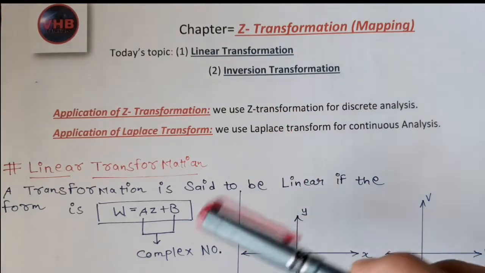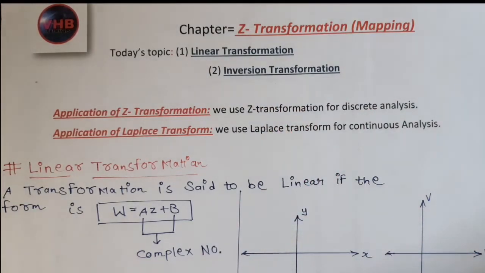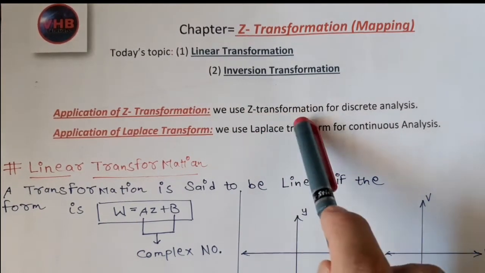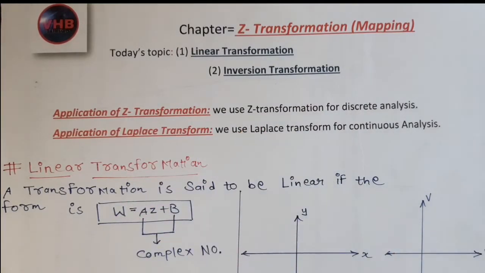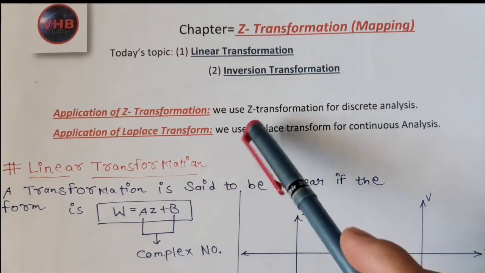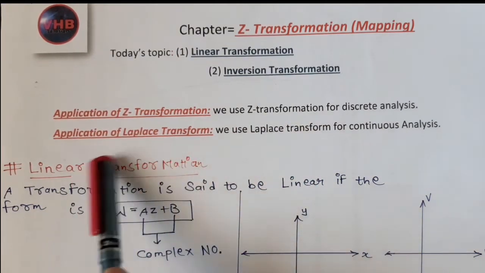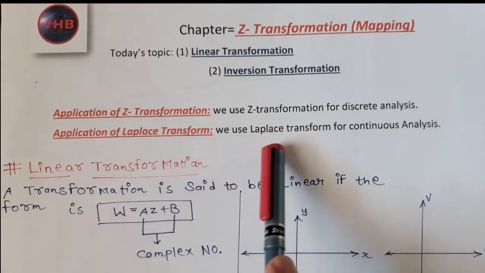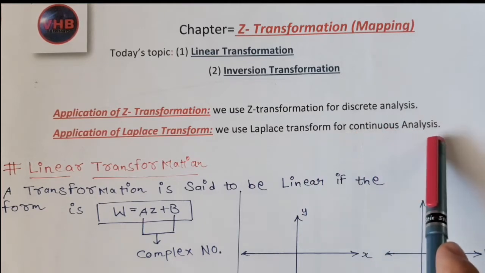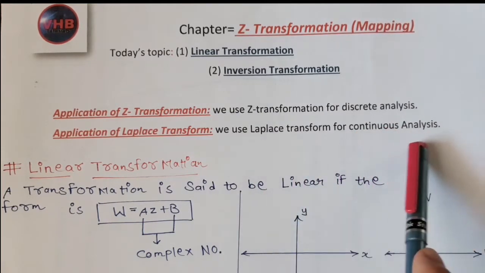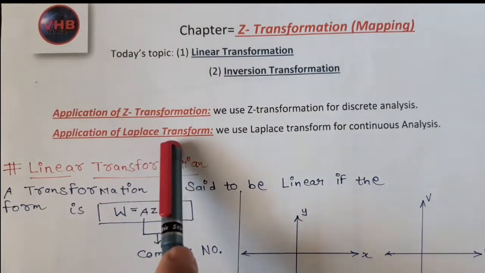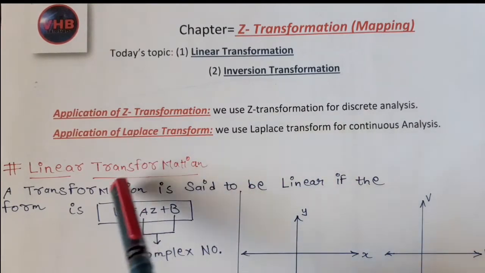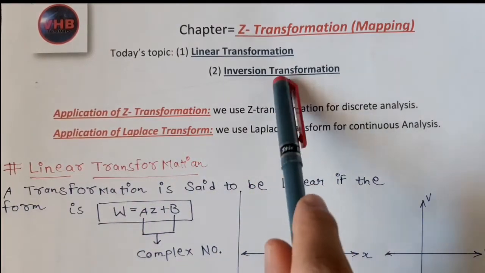If we have a complicated electrical signal, then we use Z transformation to convert that complicated signal into a very simple signal to study it. And the application of Laplace transform is that we use it for continuous analysis. That means if we have a continuous function and we want to analyze that function, then we use the Laplace transform. So today we will learn the linear transformation and inversion transformation.